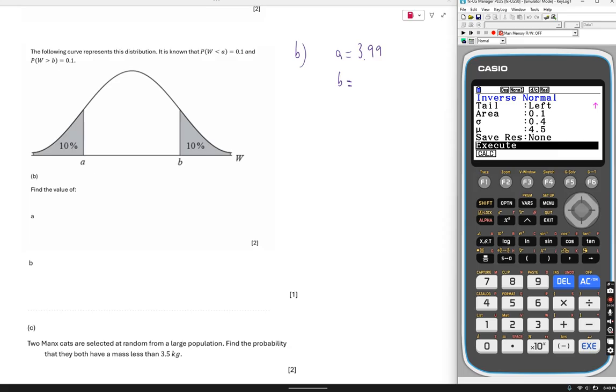Essentially the same thing, but now we just need to go back to the tail and change it to a right tail.